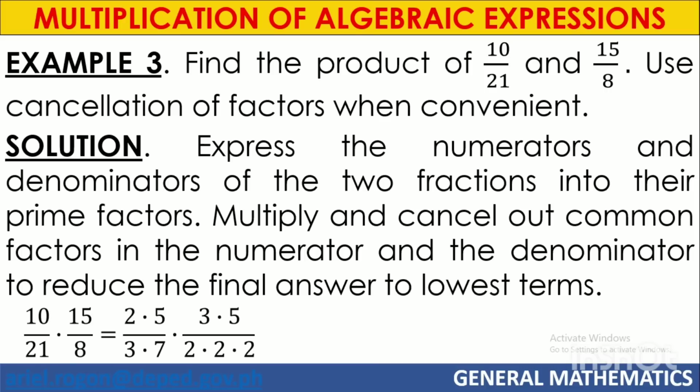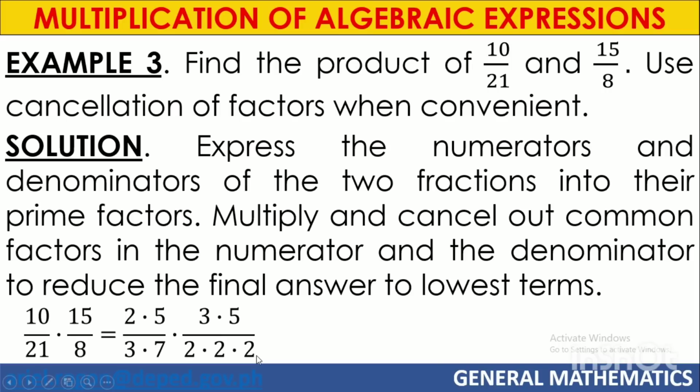The prime factors of 10 are 2 and 5, so that will be 2 times 5. 21 is 3 times 7. 15 is 3 times 5. And 8 we can write as 2 times 2 times 2.